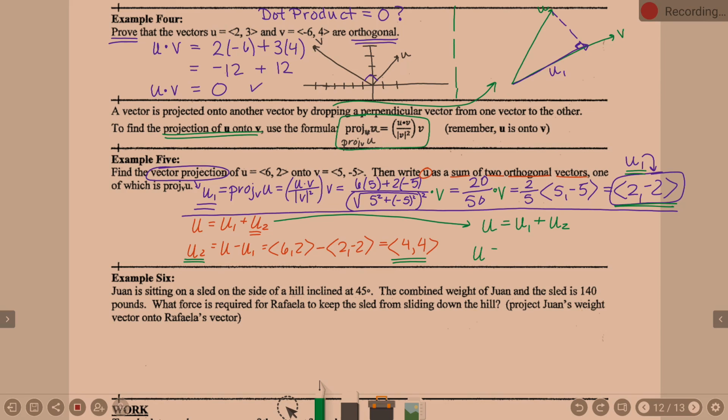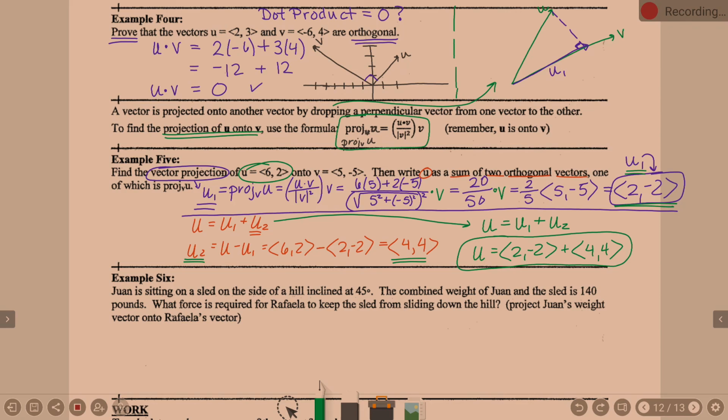So just fill in the pieces. u1 is 2, negative 2, plus u2 is 4, 4. If you do the math and check, guess what those two vectors add up to be? 6, 2. The math is a little rough today.